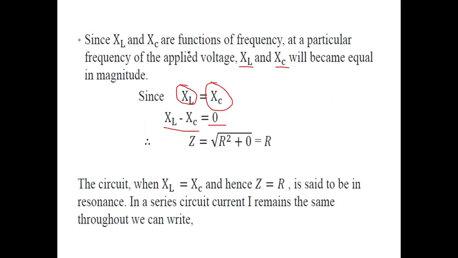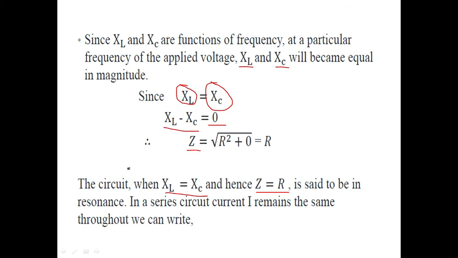In that equation we substitute XL equal to XC, so that term becomes 0. Therefore your impedance Z is equal to R. The circuit, when XL is equal to XC and Z is equal to R, is said to be in resonance.